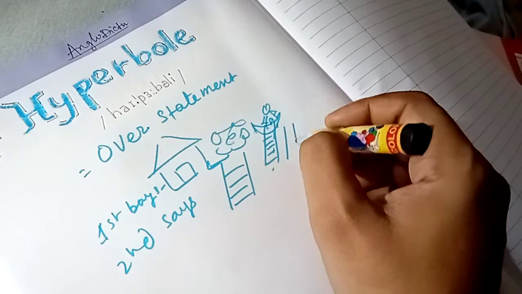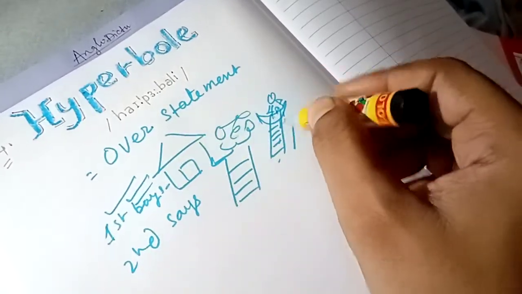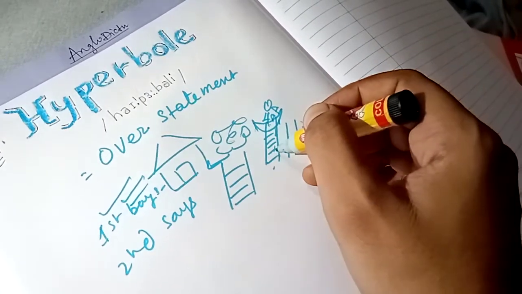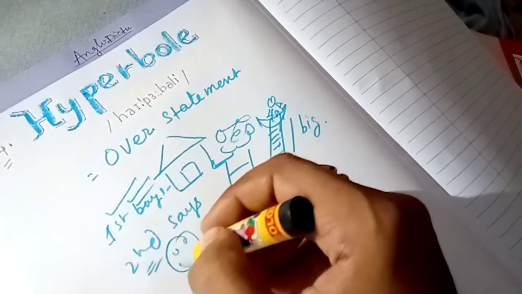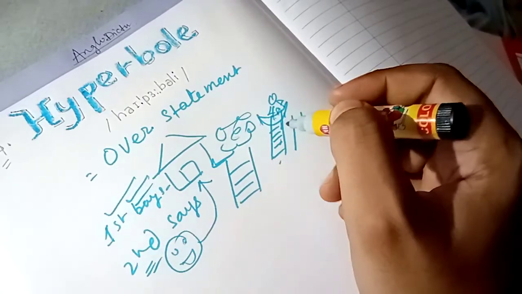It's so big. Then the first boy asks, okay, where does your father keep that ladder? Then the second boy answers, very simple, he keeps it in your house.